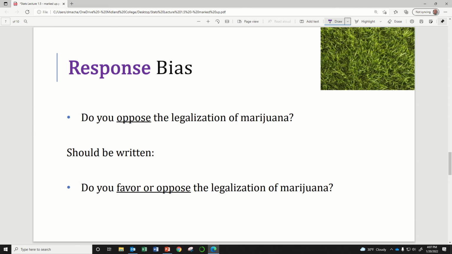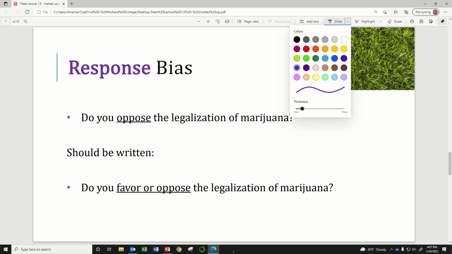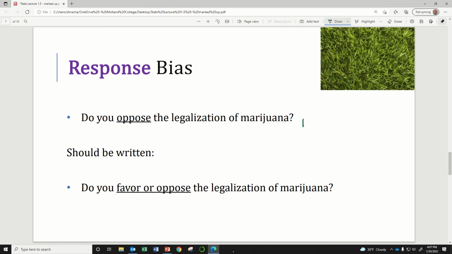As another example, if you're trying to give a bunch of people a survey that asks, do you oppose the legalization of marijuana? You're actually more likely to get yes answers to any yes or no question than no answers. So the way this question is worded, this is actually biased towards the yes response.